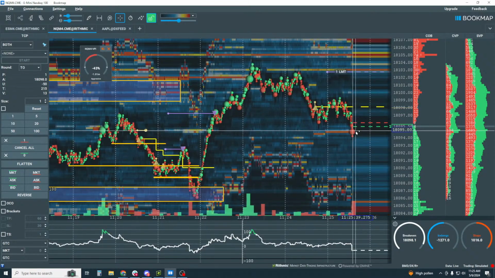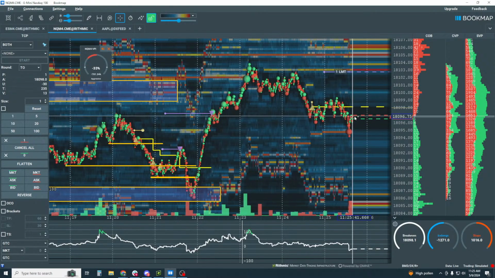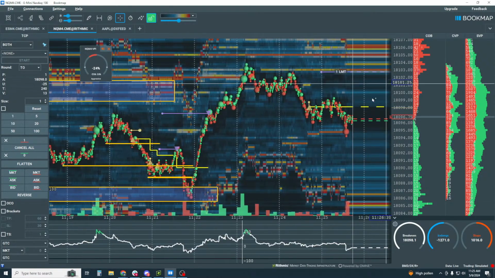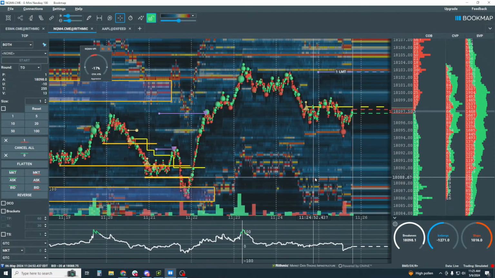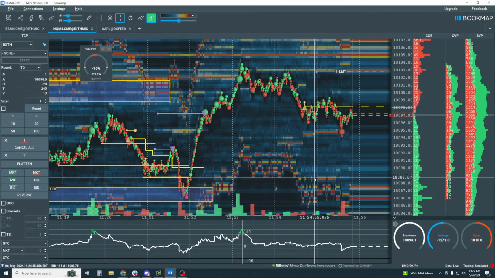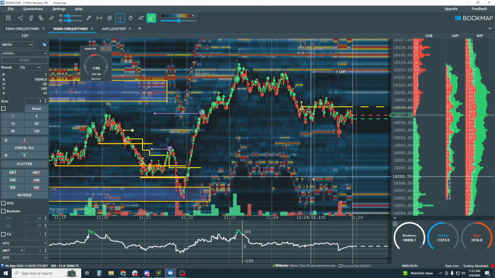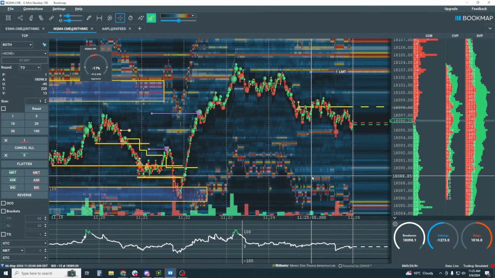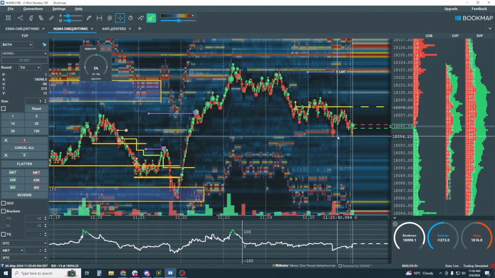Okay, let's see, we trade high liquidity here. All right, so let's see if we can reject now. Okay, and then come back up into this high liquidity up at 102 or 103. No, not yet.